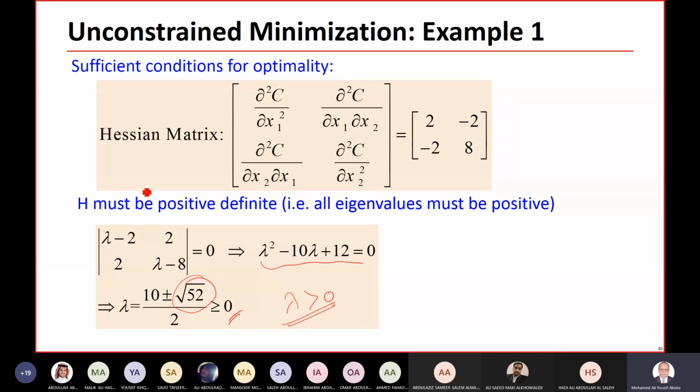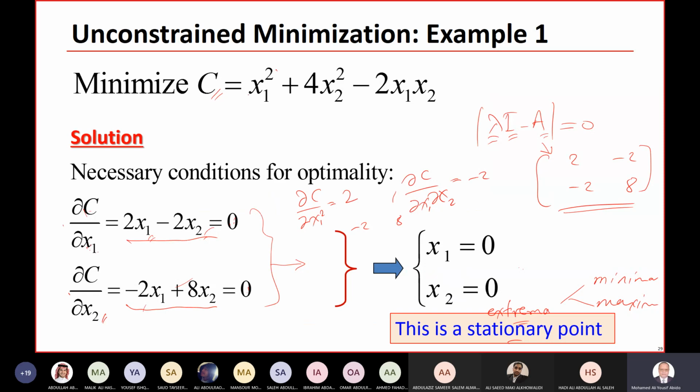So the eigenvalues of the Hessian matrix are greater than 0. And it is equivalent to d square f by dx square being greater than 0. So that means that this is the condition for local minima. So the solution here is 0, 0. This solution gives us the local minima, or the minima point. Okay? Any question?